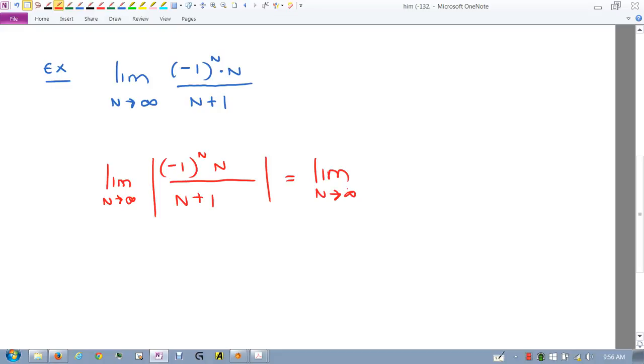That's the beauty of the absolute value on an alternating sequence, is that the absolute value of it just makes you wipe the (-1)^n out completely. So we're really just looking at n over n plus 1, aren't we? And what is this? Didn't we do that problem already? What did we say that was equal to? 1. Okay.